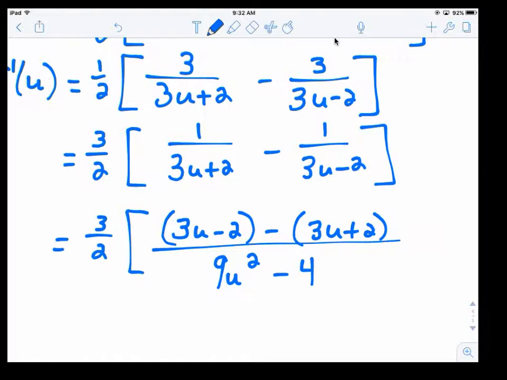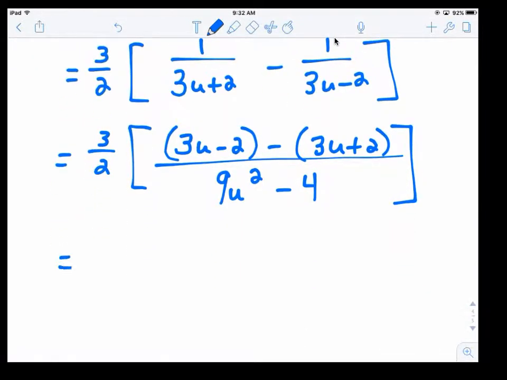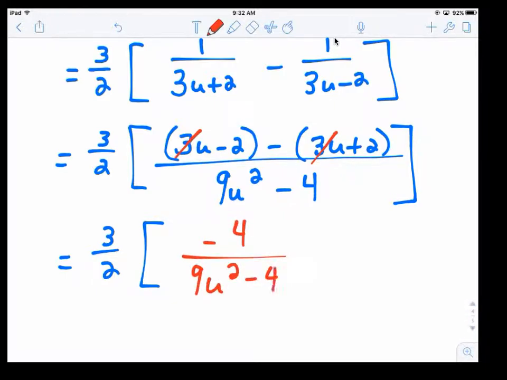Right. Okay. So that leaves me with 3 over 2. 3u minus 3u, so they cancel each other. And then negative 2 minus 2, right, gives me what? 9u squared minus 4.